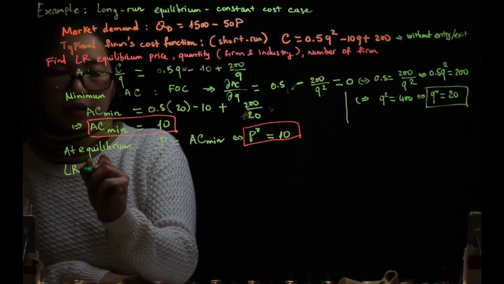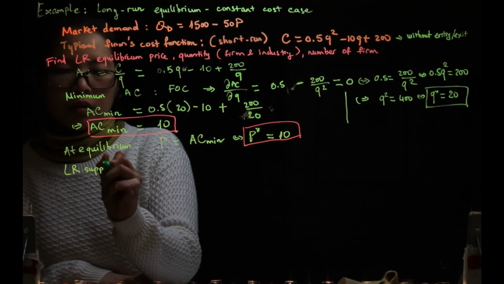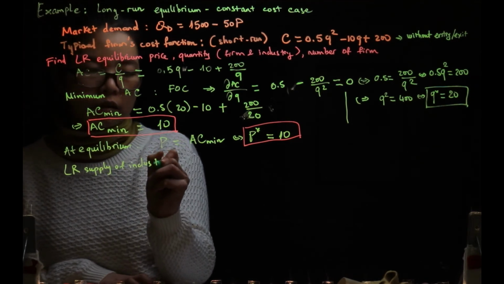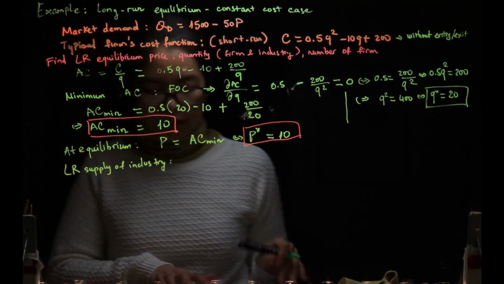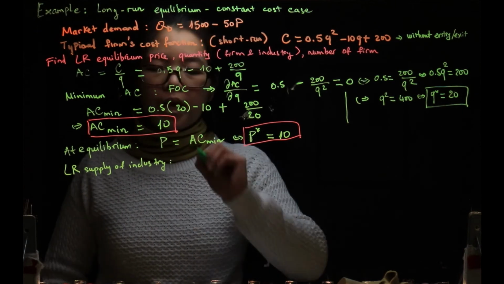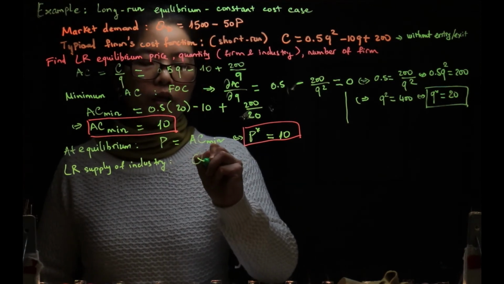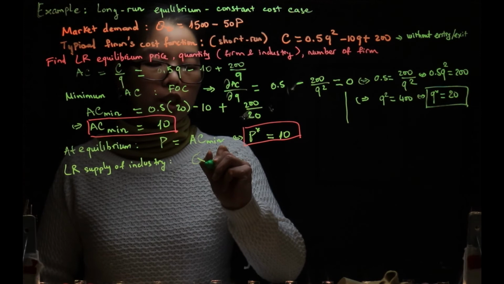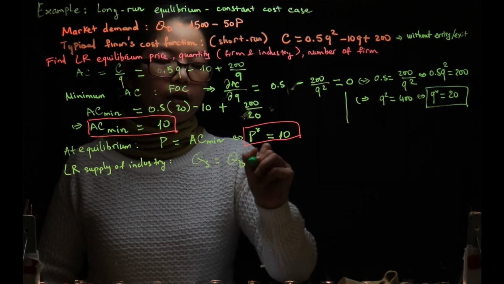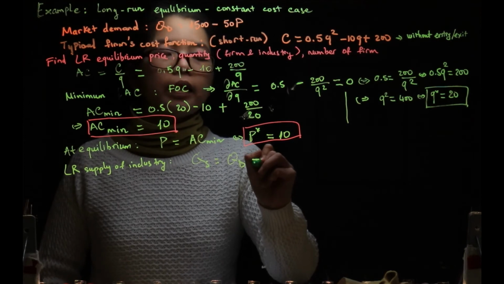The next is the long run supply of the industry. How to find it then? Now let's use the very basic equilibrium condition, which is QS equals QD.